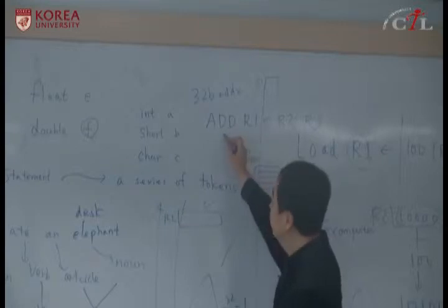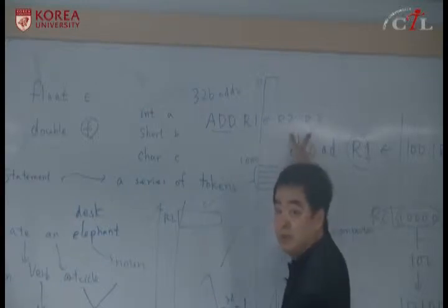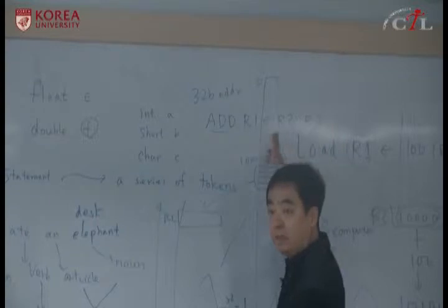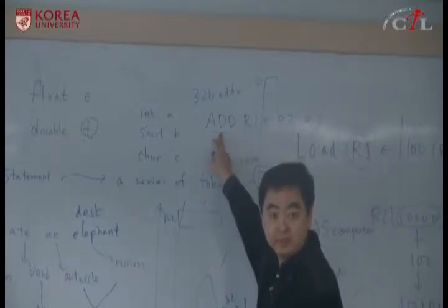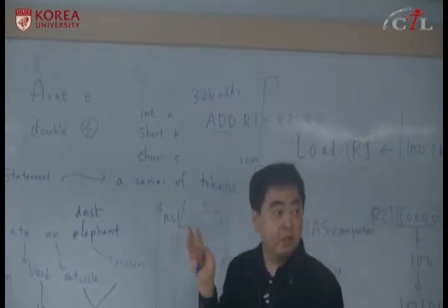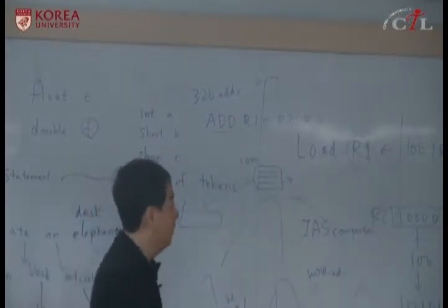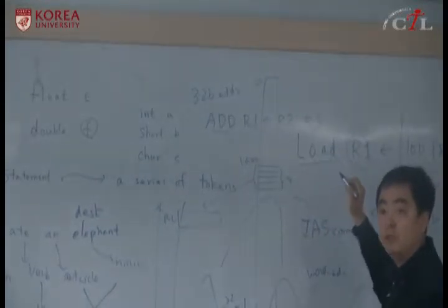So this is the opcode, and there are three operands. These two are sources. This is the destination, and all these operands are register operands, because this is arithmetic computation. As we have discussed, all the computation should be done on register operands. Okay? For load, this is the operation opcode.